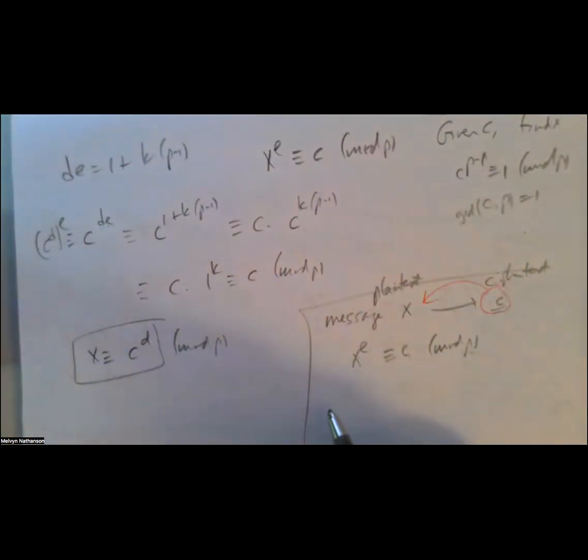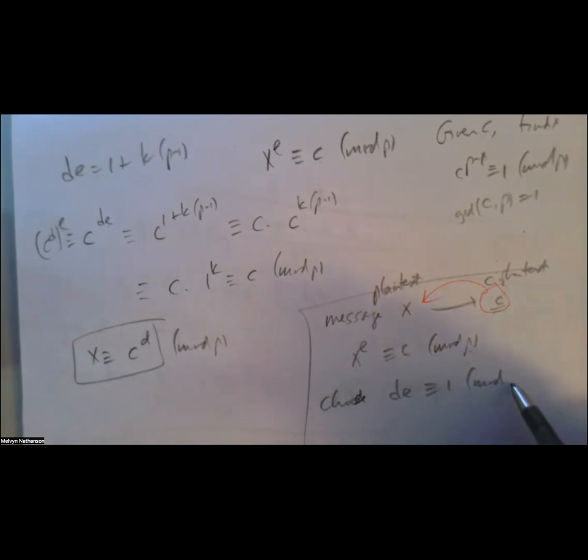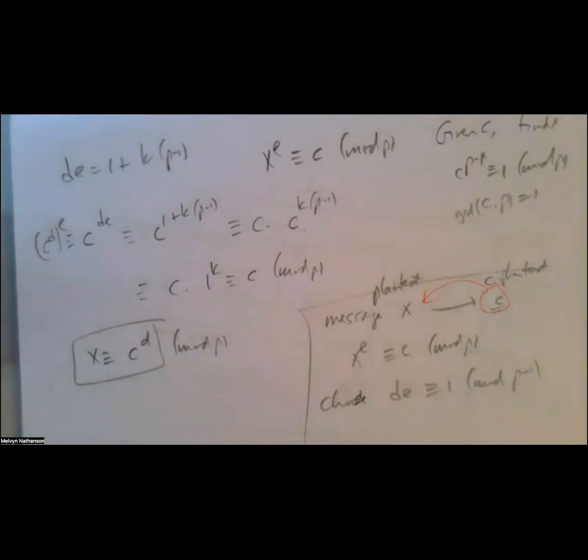And the answer is, we know p and we know e, choose d such that de is congruent to 1 mod p minus 1. We choose p, and we choose a number e, which is relatively prime to p minus 1.